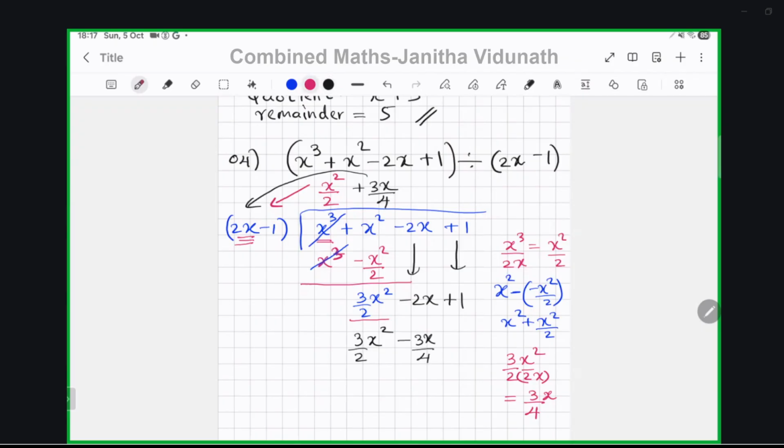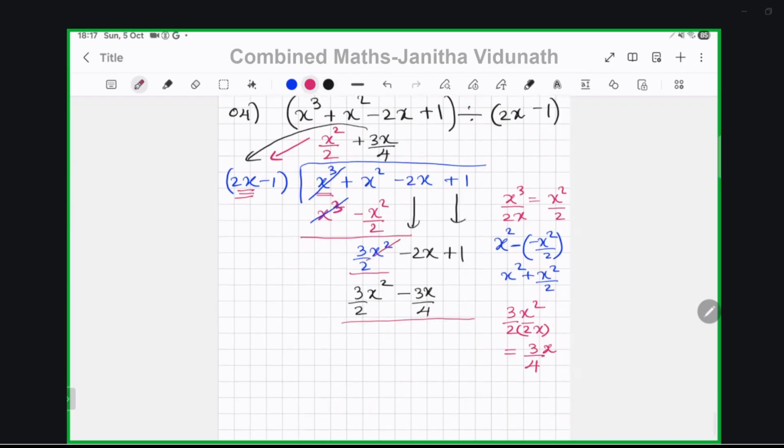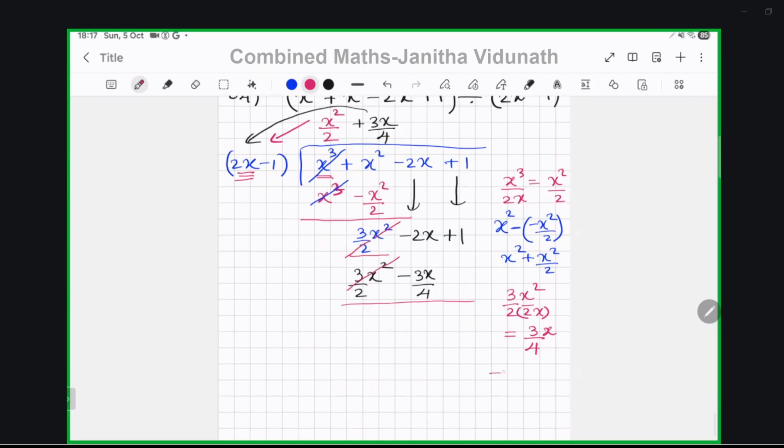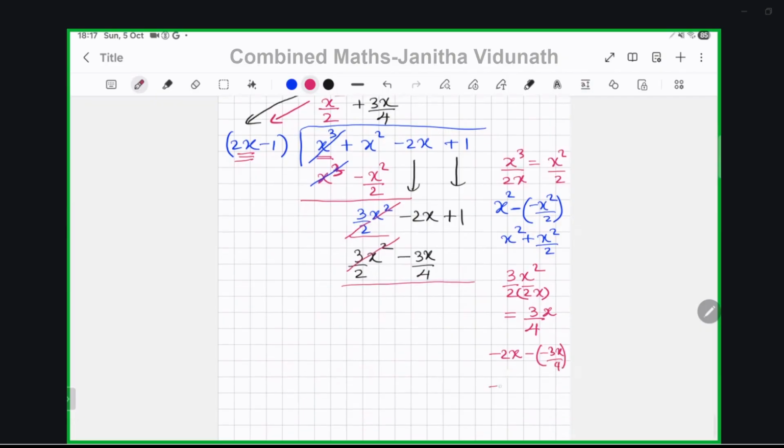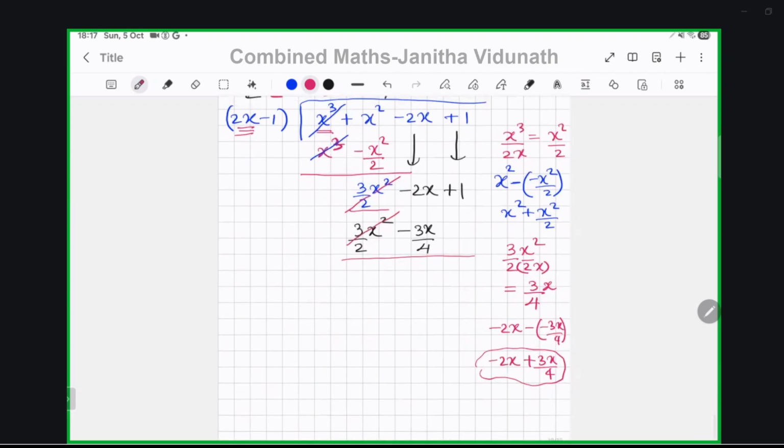Then we need to subtract those two terms. Then this will cancel out. Then we have minus 2x minus (minus 3x over 4), that means minus 2x plus 3x over 4. To add those two, we need a common denominator, that means 4.